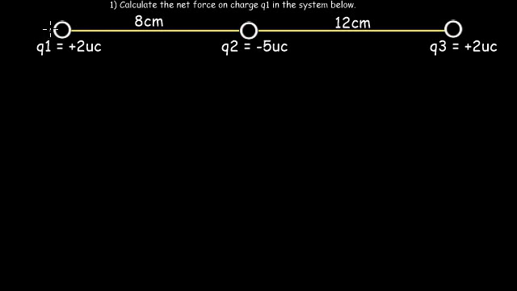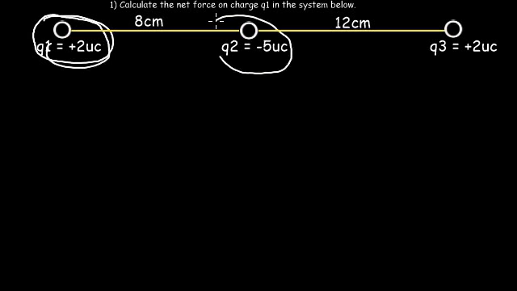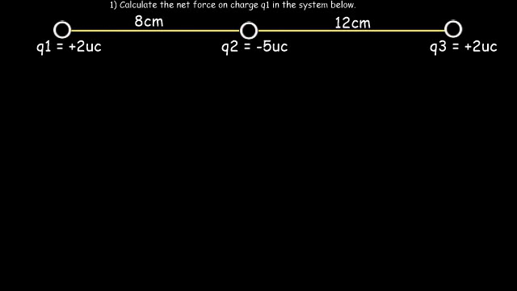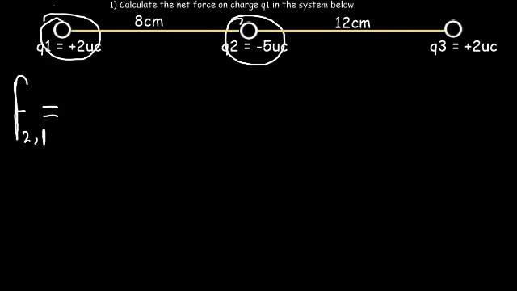Let's take, for instance, how can I represent the force that will be exerted on charge Q1 due to charge Q2? To represent this, here's what you need to do, and that is simply F sub 2,1, and this can be read as the electric force of charge 2 on charge 1.